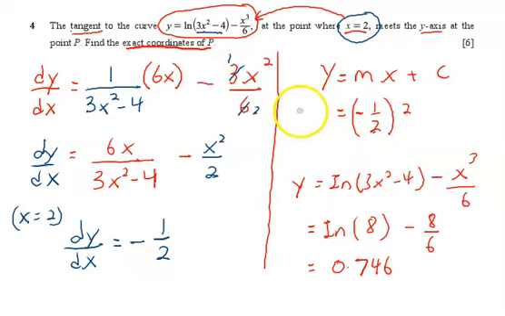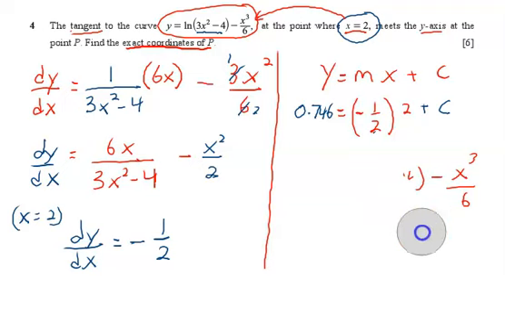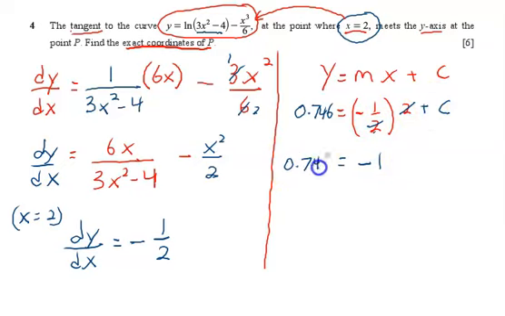We can put the y value on this side. Let me write it here: 0.746 equals minus 1 over 2 times 2, plus c. Let me erase this part. Now we have to find the value of c. We cut this 2 and get minus 1, and the 1 moved to the opposite side becomes plus, so you'll be getting 1.746.